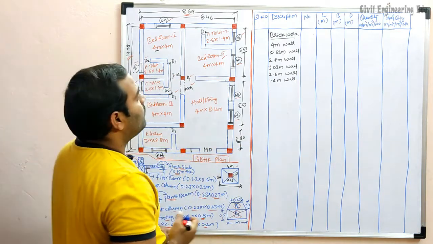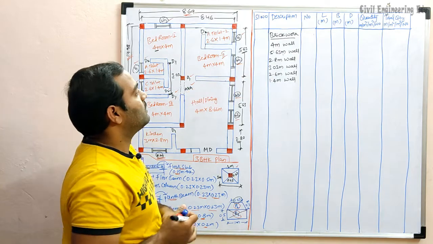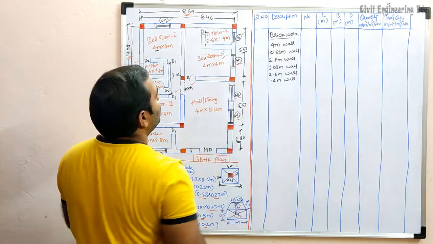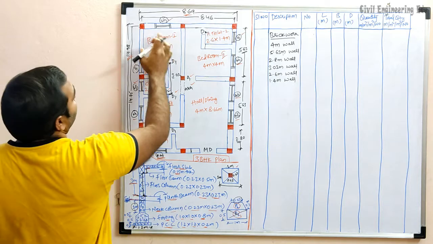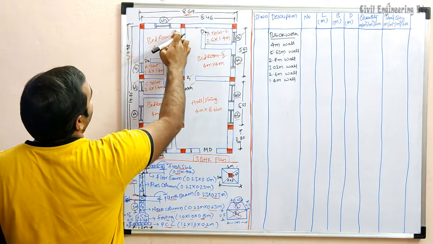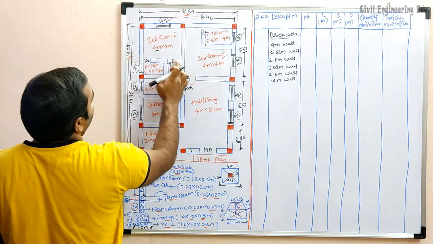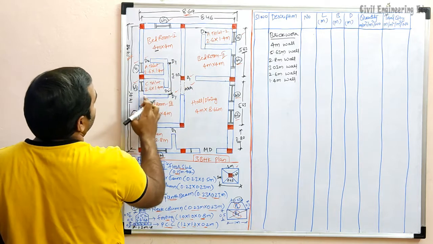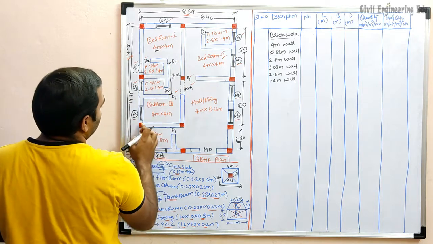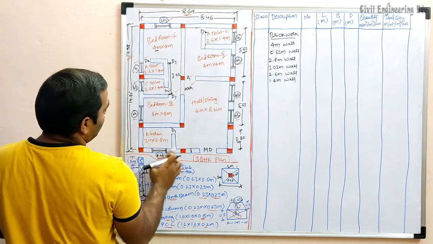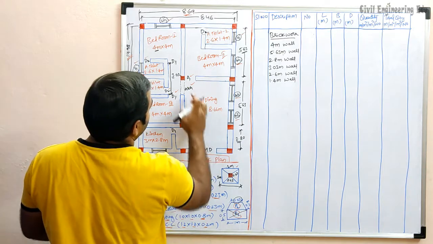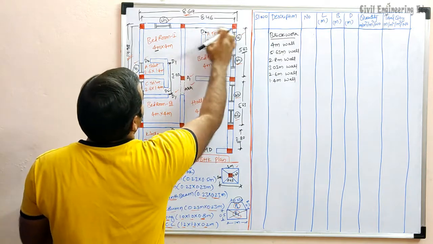Now we have to find out how many numbers there are. 4 meter wall, how many numbers? If you observe the plan, this is wall number 1. Here the complete wall will come. This is wall 2. Here wall 3. Here wall 4. Here wall 5. Wall 6, wall 7 and wall 8.